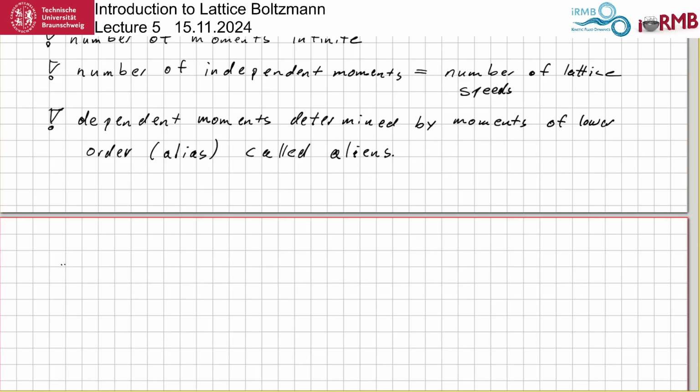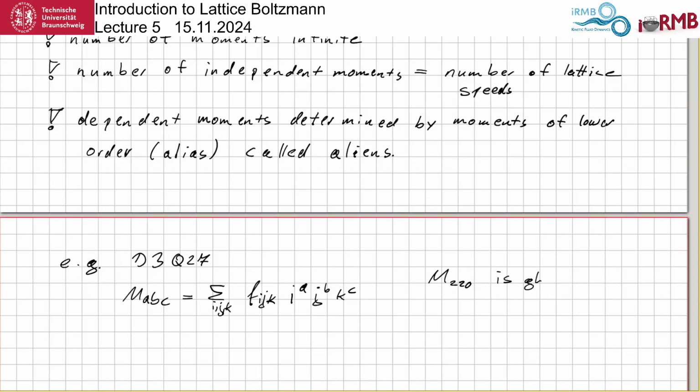So let's talk about aliens. In D3Q27, we have M_abc equal to the sum over i, j, k of f_ijk times i to the power of a, j to the power of b, k to the power of c. So in this, we have the moment M220. This one is a ghost, because it is higher than third order.